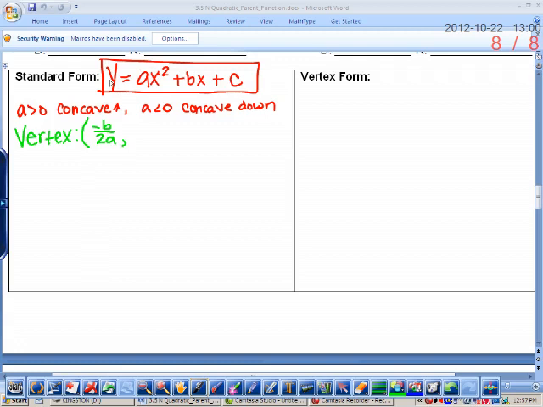And then to get my y value, I'm going to plug this x value back in. I'm going to call it f of negative b over 2a. So I find my x value first, then I plug it in to find y.